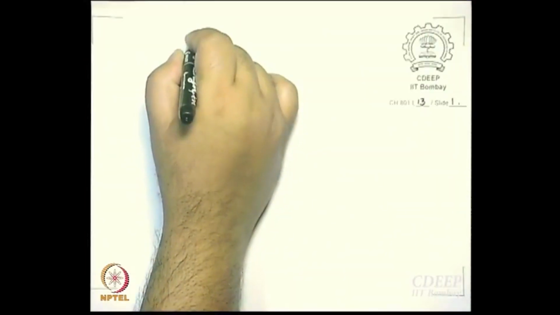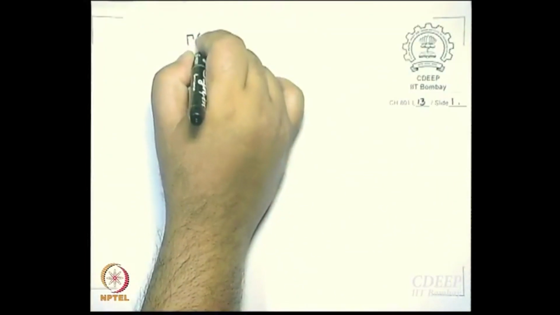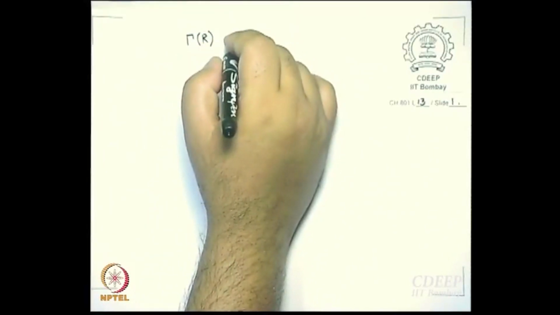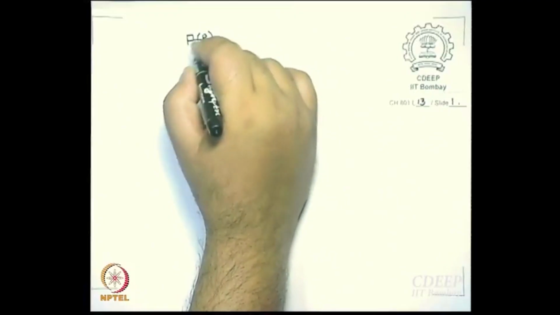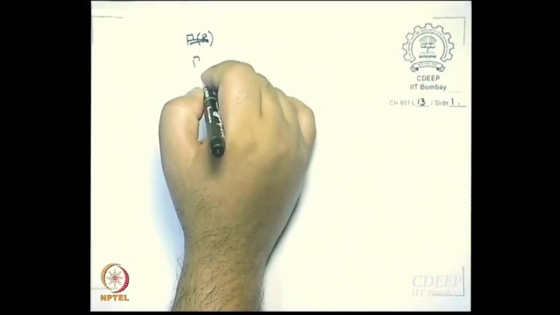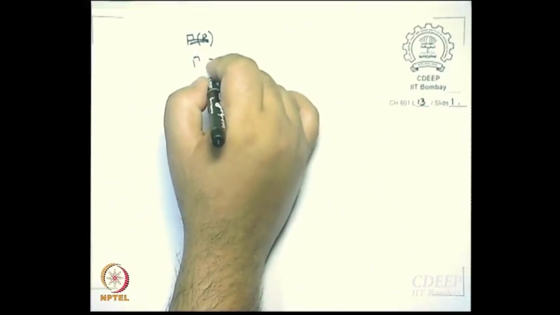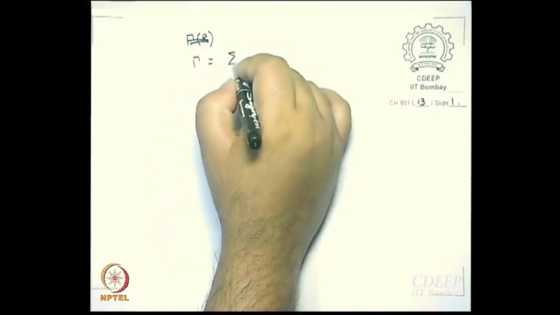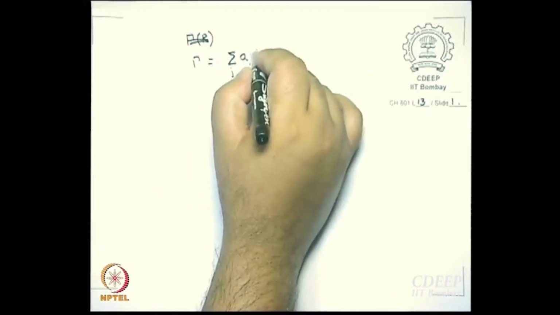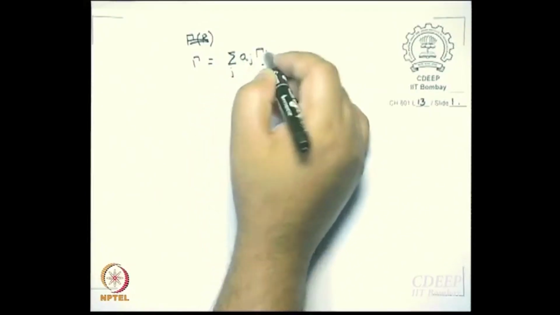We said that if this is the reducible representation gamma, and if it is written as the sum over j of aj gamma j, what is gamma j?